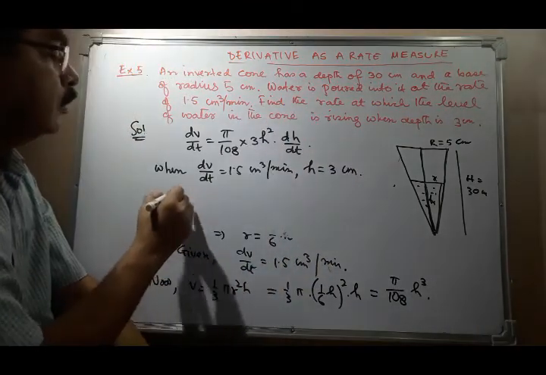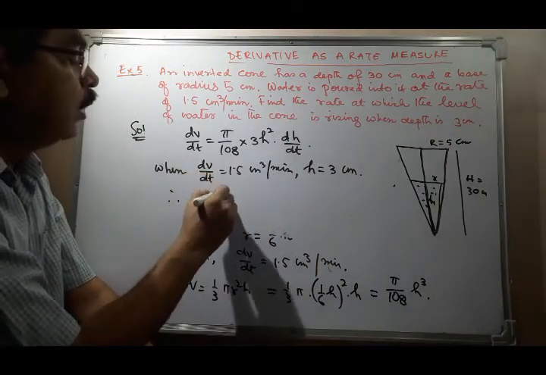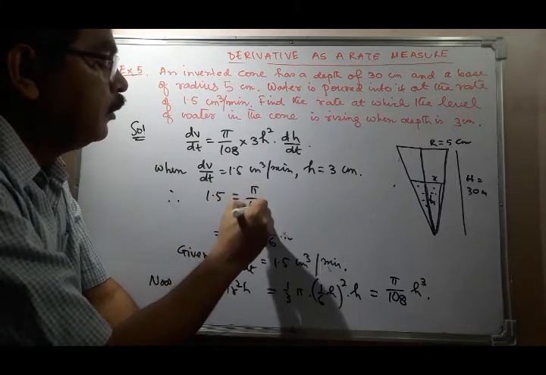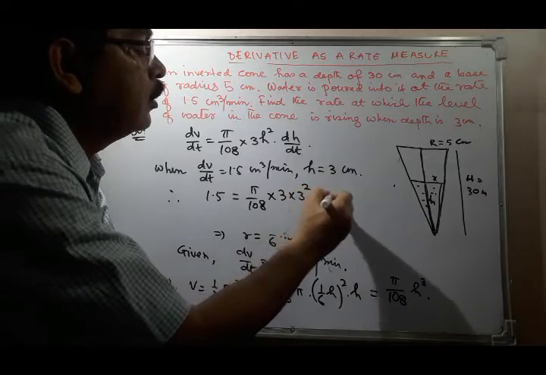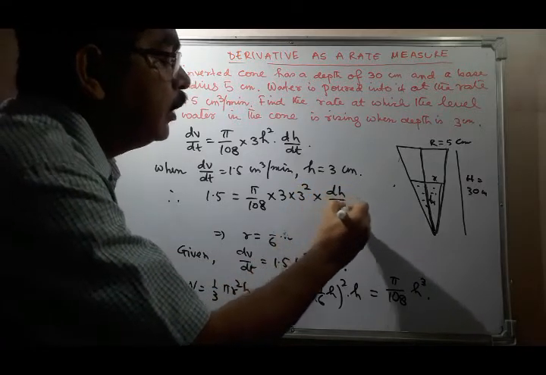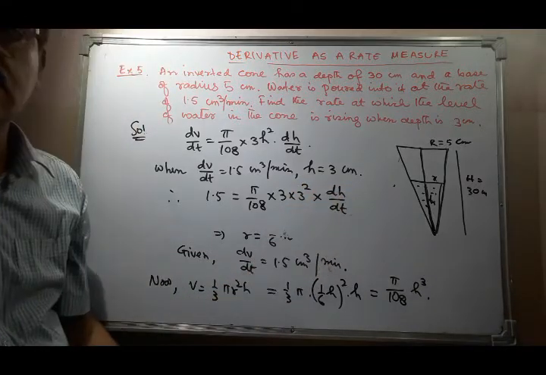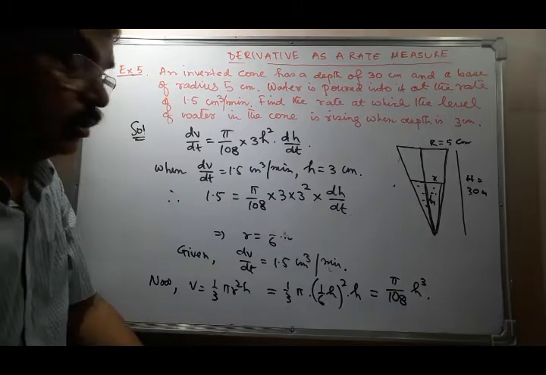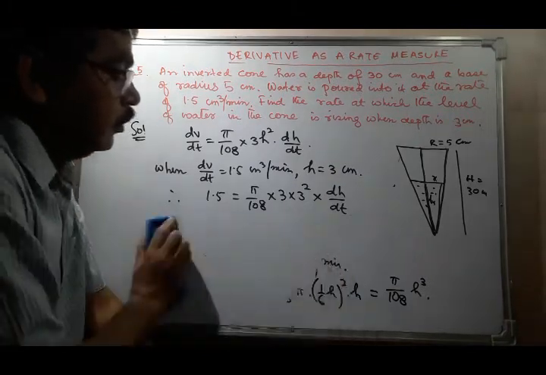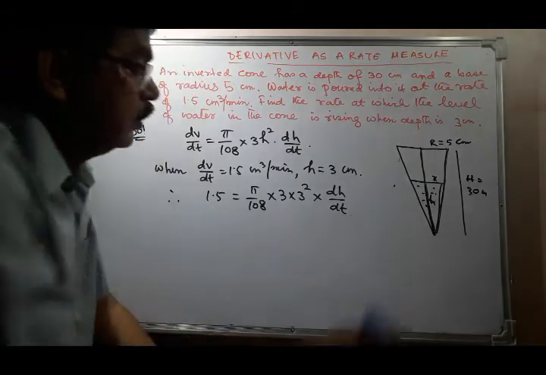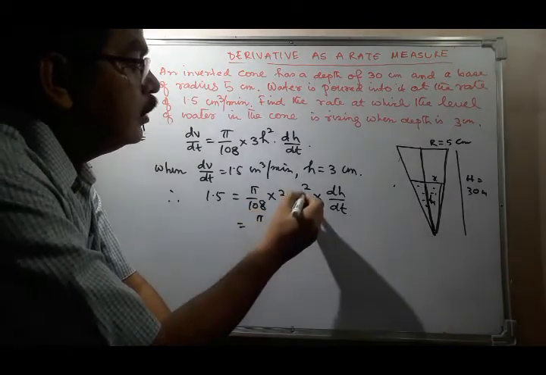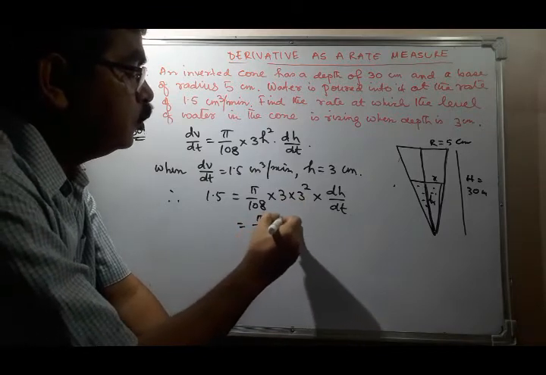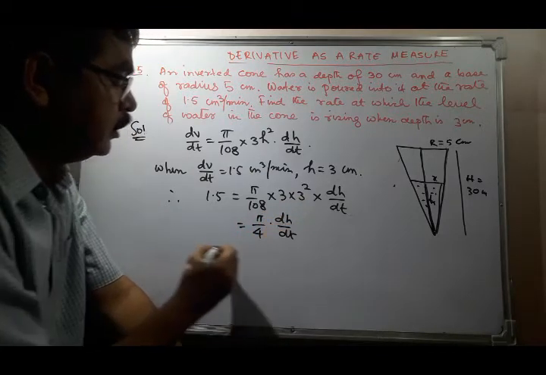So therefore replace the value: 1.5 equal to pi by 108 into 3 square dh by dt. So therefore it is coming pi by 4 into dh by dt.